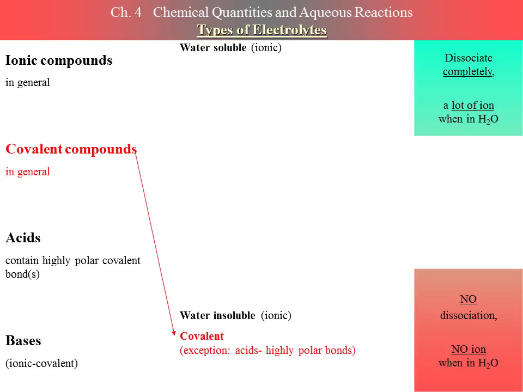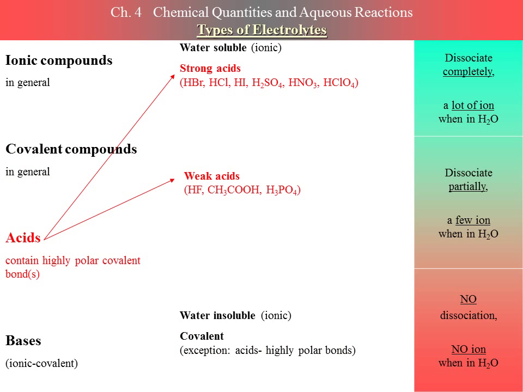I would like to point out here that when it comes to the covalent compounds, we have singled out the acids and the base. We have one base. The acids may be strong acids or weak acids. When we have strong acids, they are going to dissociate completely, so they are going to give a lot of ions.